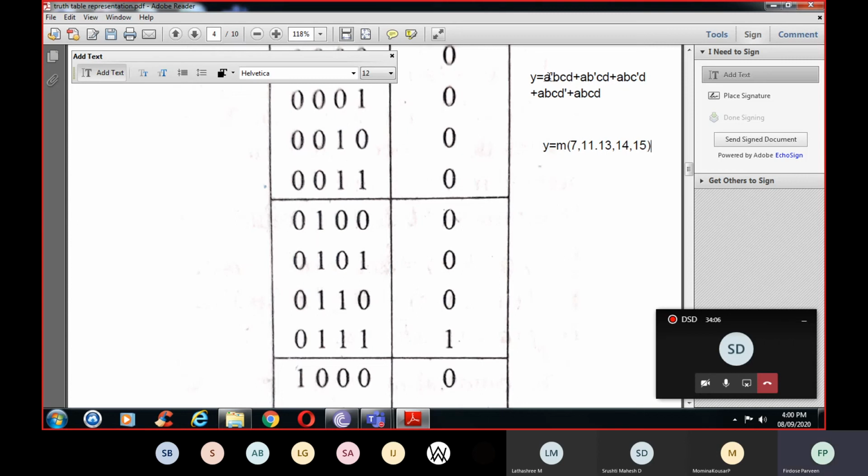Okay. So how many altogether? This is one min term. 1, 2, 3, 4, 5. In the same way, 1, 2, 3, 4, 5. This is comma. So like this you will be writing.